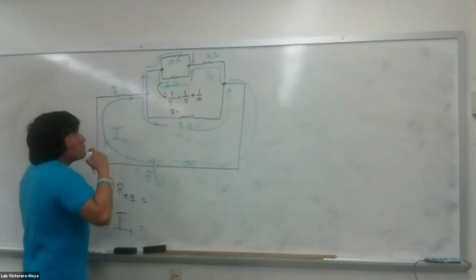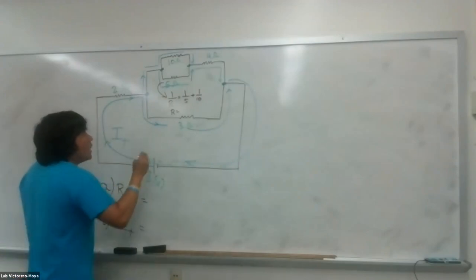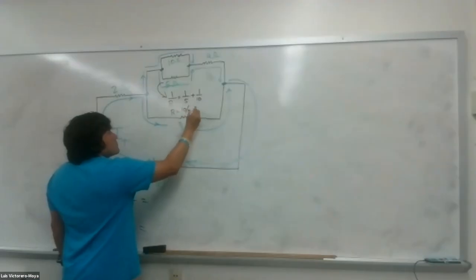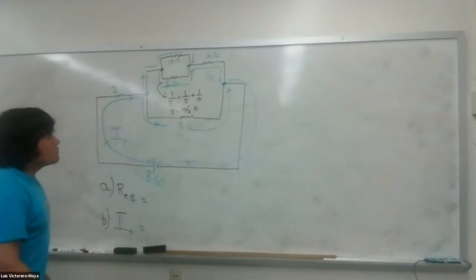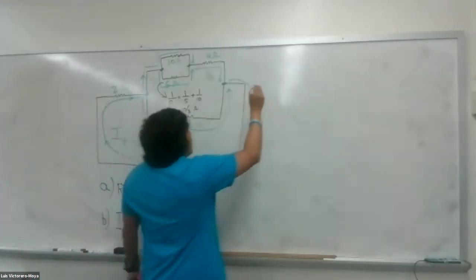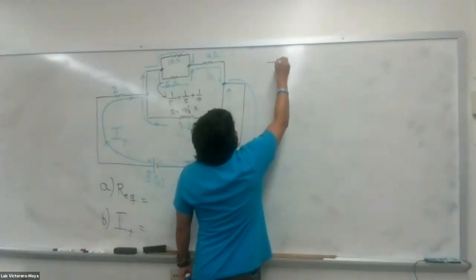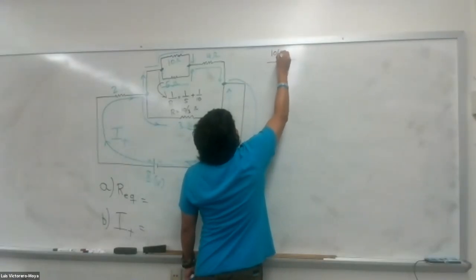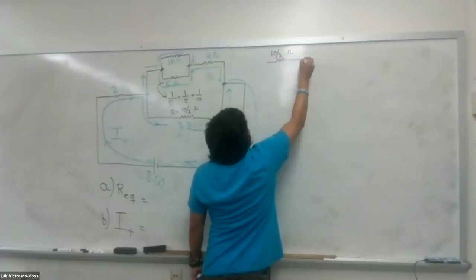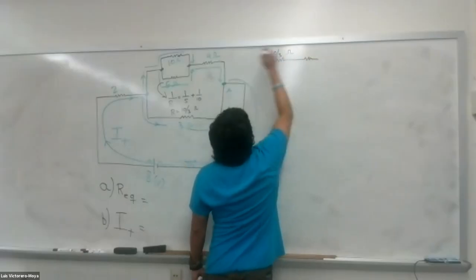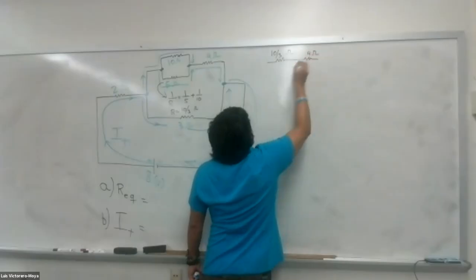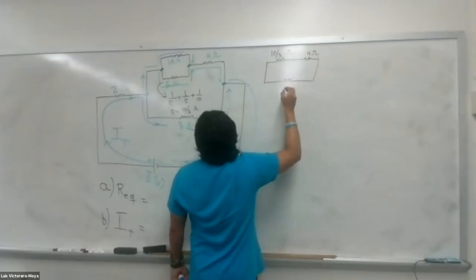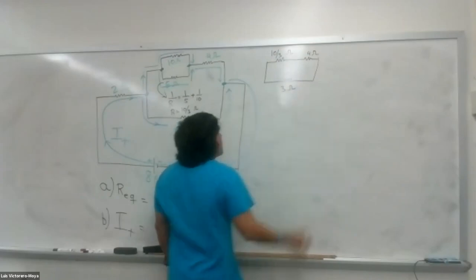So how much is the R? 10 over 3, right? 10 over 3 ohms. So I have 10 over 3 ohms in series with 4 ohms, and then all of them in parallel with this guy here, 3 ohms.